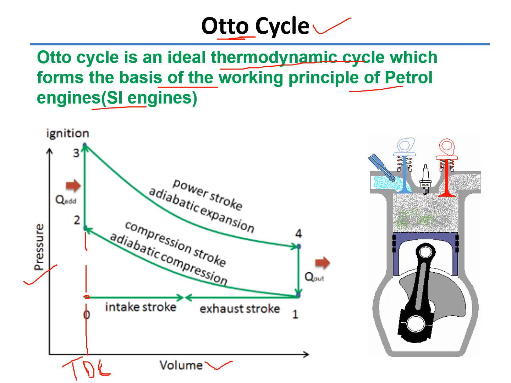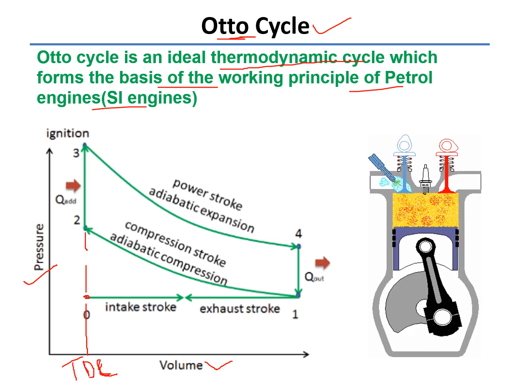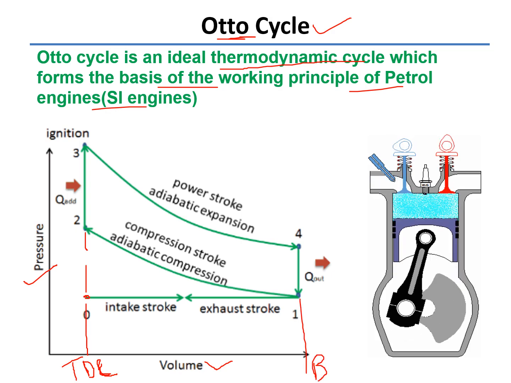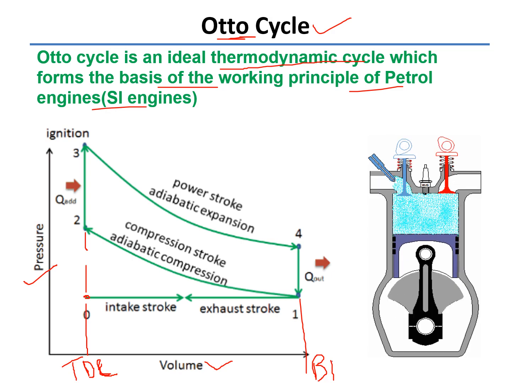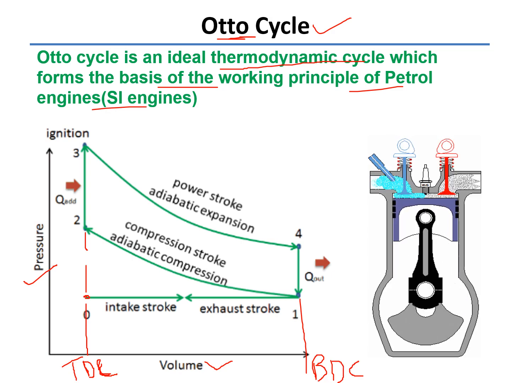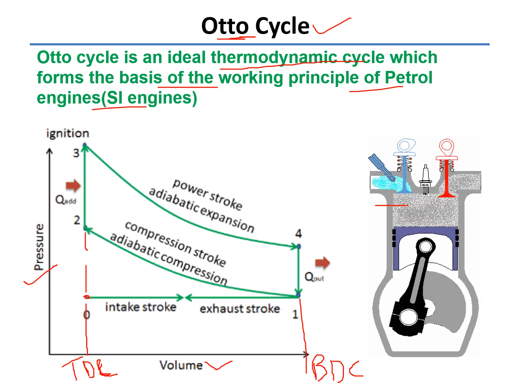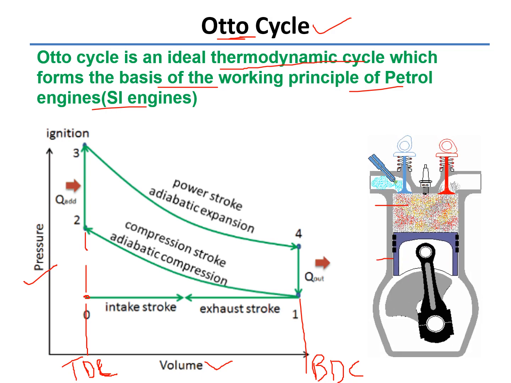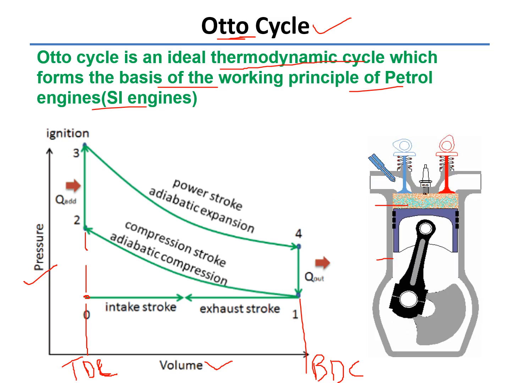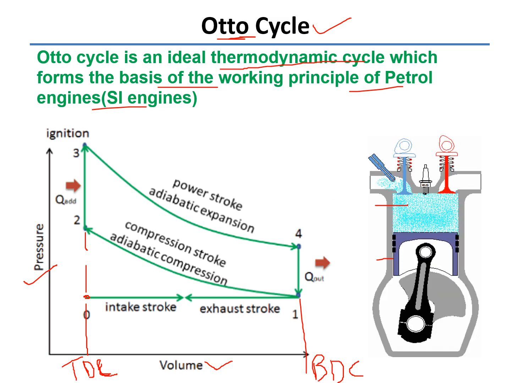And here this is the extreme bottom position of the piston, known as the BDC, because the piston will move from TDC to BDC. So you see TDC, then BDC, then TDC, then BDC. It means the piston will move between these two extreme positions only.